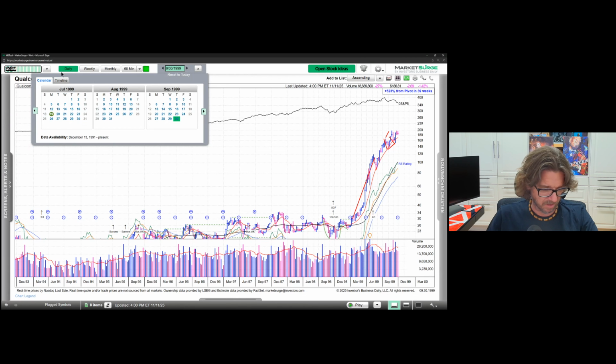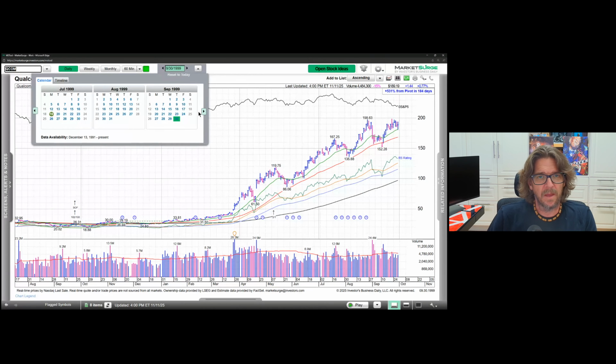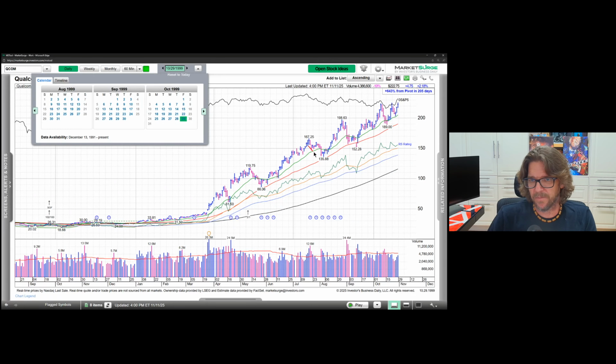So let's look at it on a daily. And let's go out a month. And we can see one pullback, two pullbacks, and 983. Okay, so that technically got higher there.